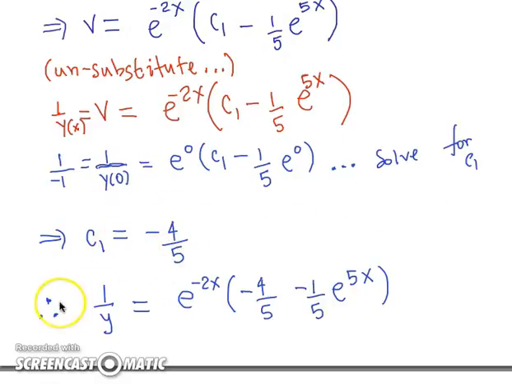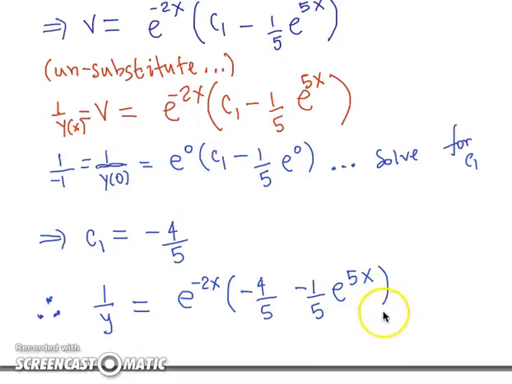So now we're ready to provide an expression for y. With that value of c1, we write 1 over y equals e to the minus 2x times the quantity. We no longer write c1, we can simply write the value of that constant, which is -4 divided by 5, minus e to the 5x divided by 5.